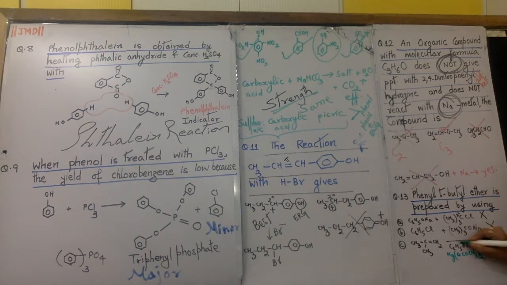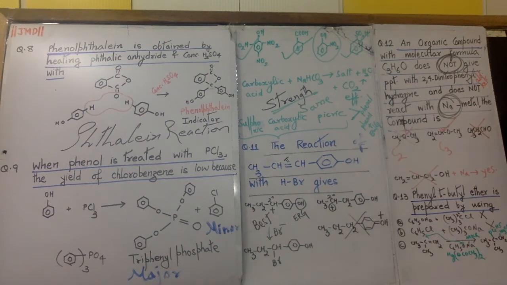Negative part of the reagent will go to the carbon having less H. Markovnikov's rule, and I'll be getting CH3, CH3, here OC6H5 and here HgOCOCH3.